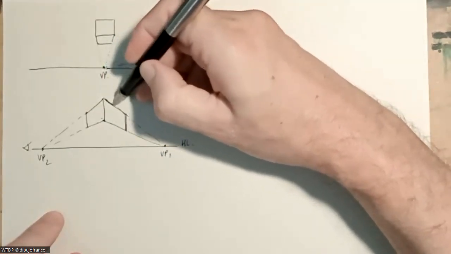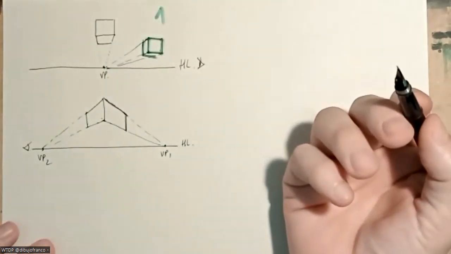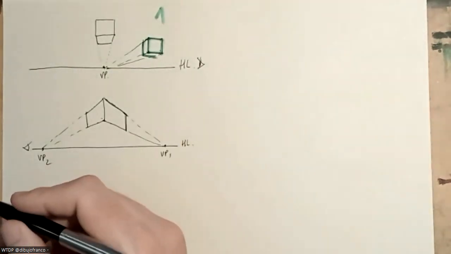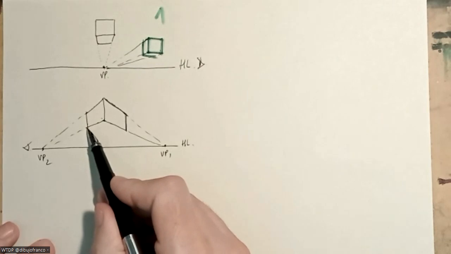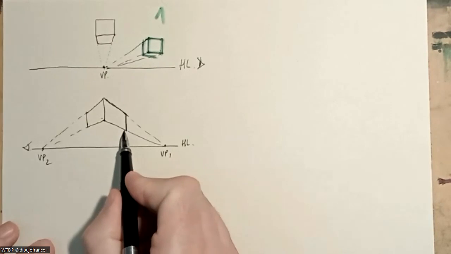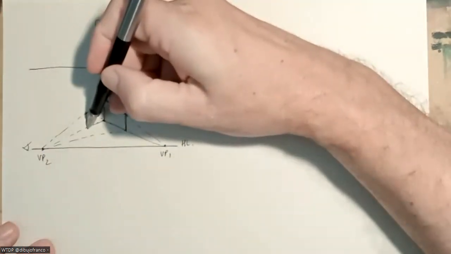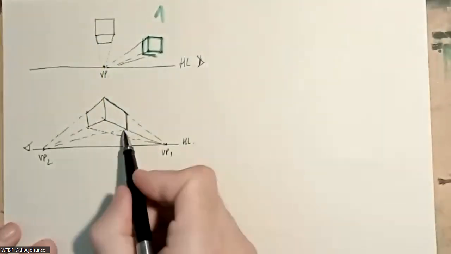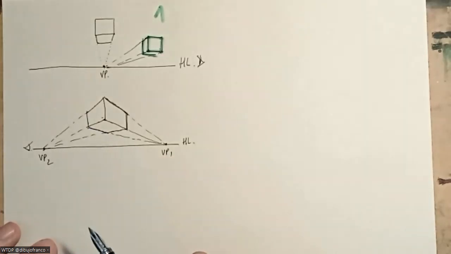Now what I am going to do is, from the right side of the box, I will go to the left vanishing point, and from this other one on the left, I'm going to the vanishing point on the right. So I would be doing something like this up here, and the other one up here. So there I would be constructing the bottom of the box.